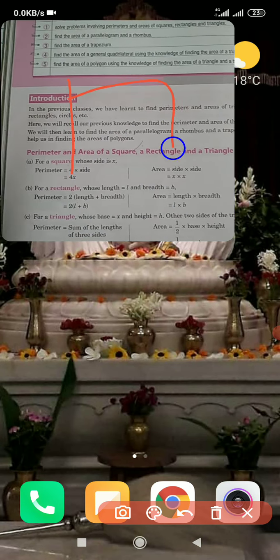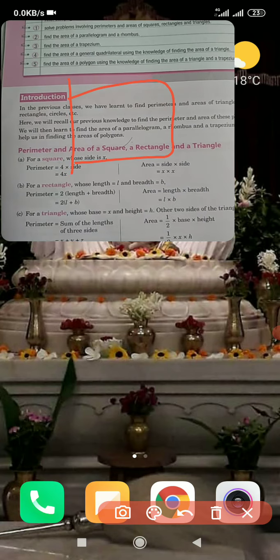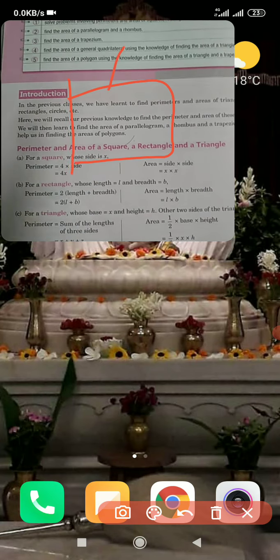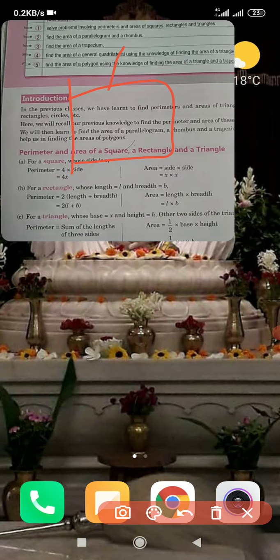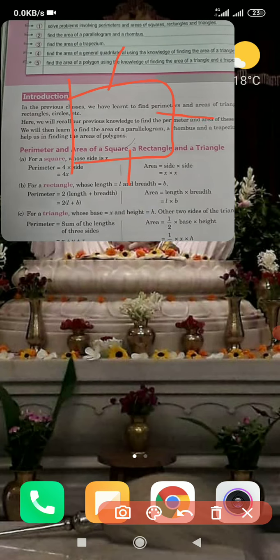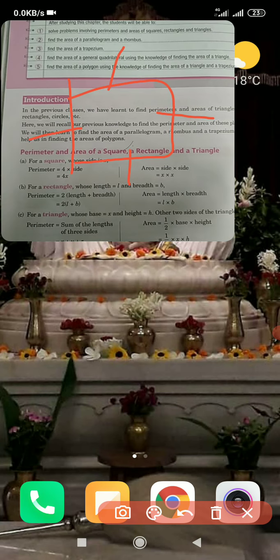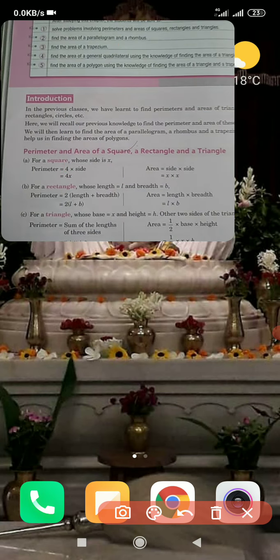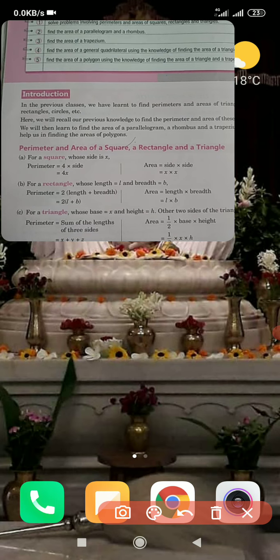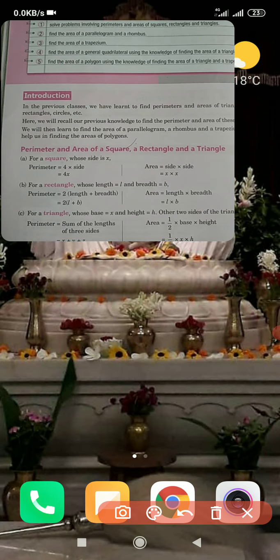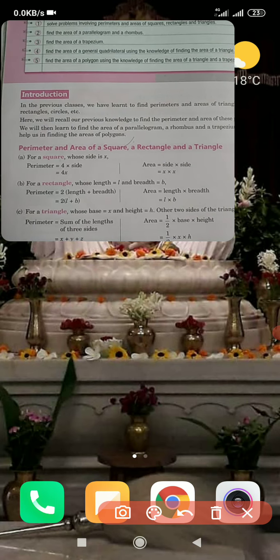Like suppose this one is a square, so we have to add this side plus this side plus this side plus this side. The 4 sides combined will give the perimeter. In short, it is written here as 4 into side. If the side is x, then it is 4x.